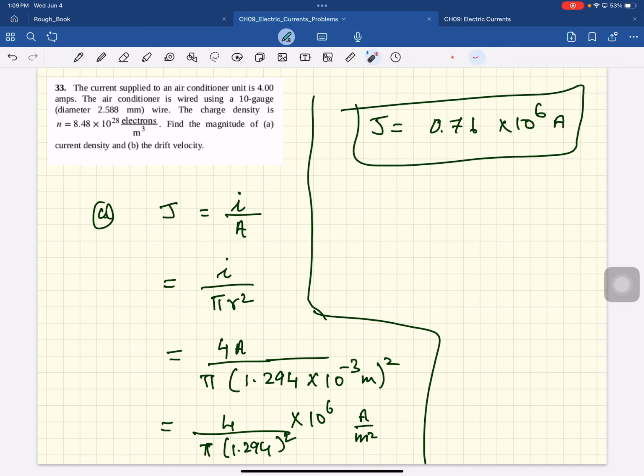Okay, so almost 3/4 of a million amps per meter square.